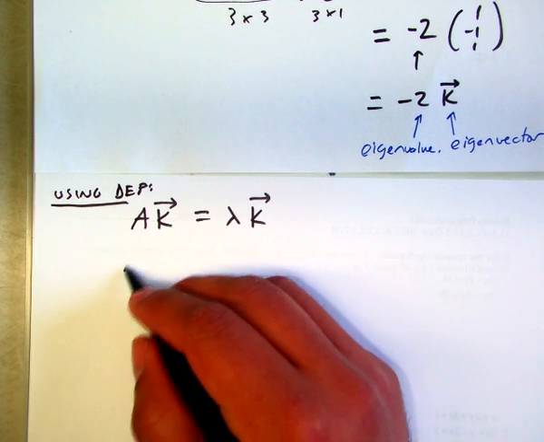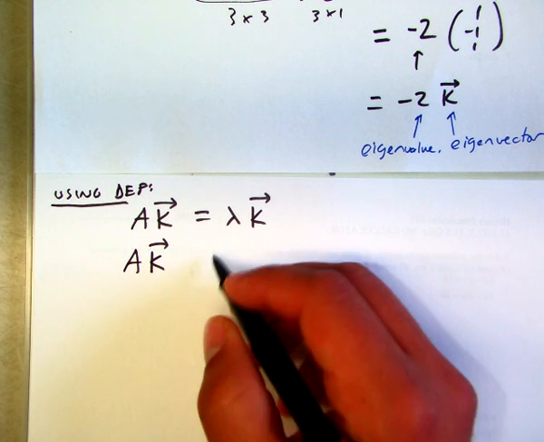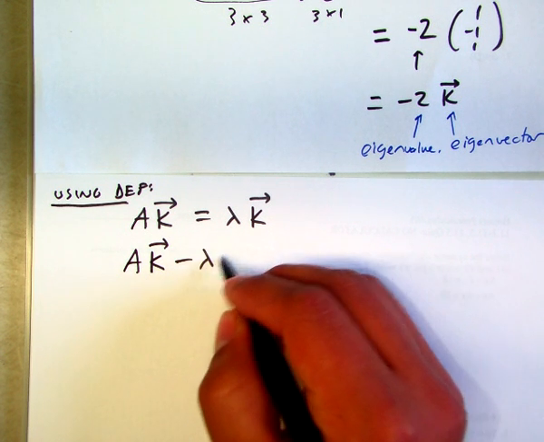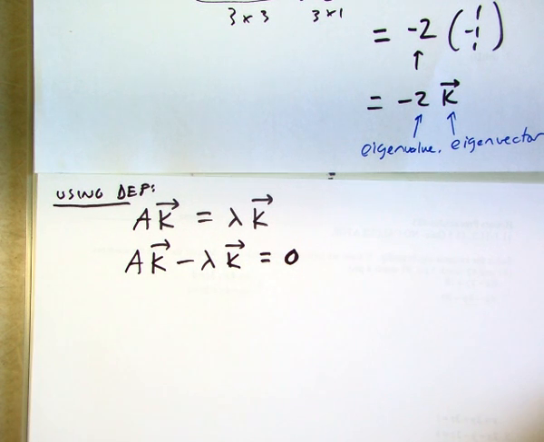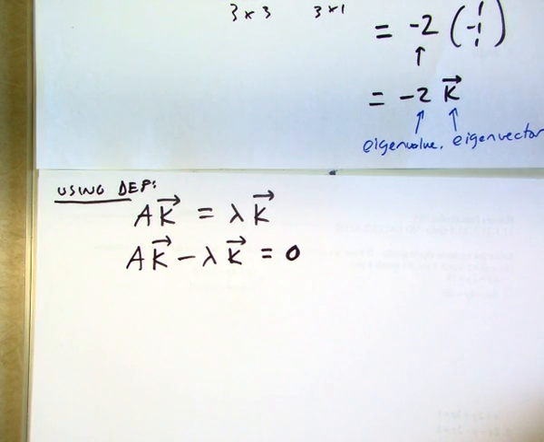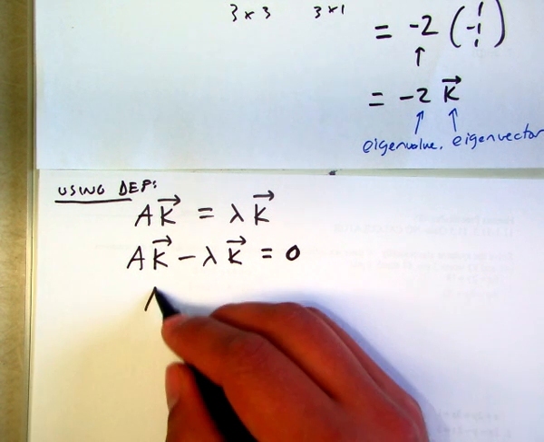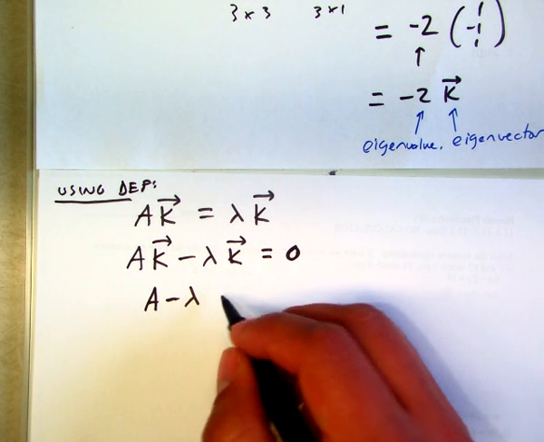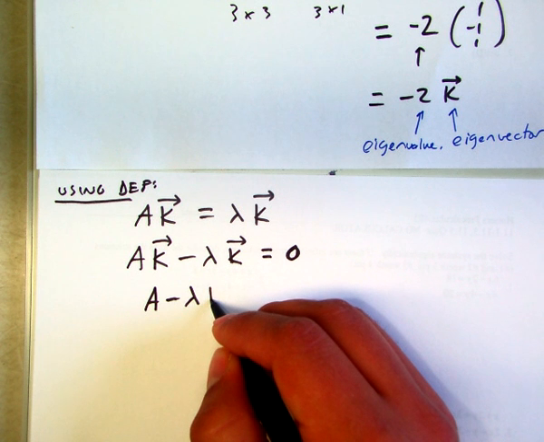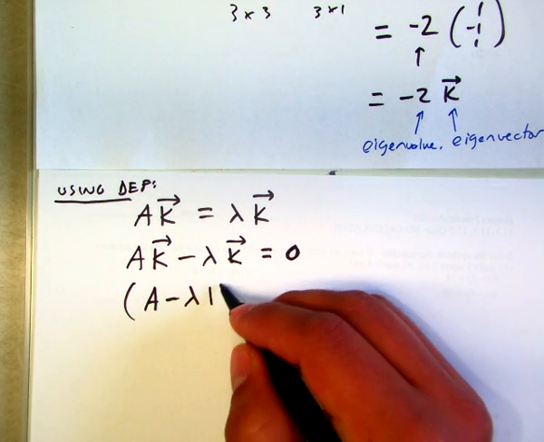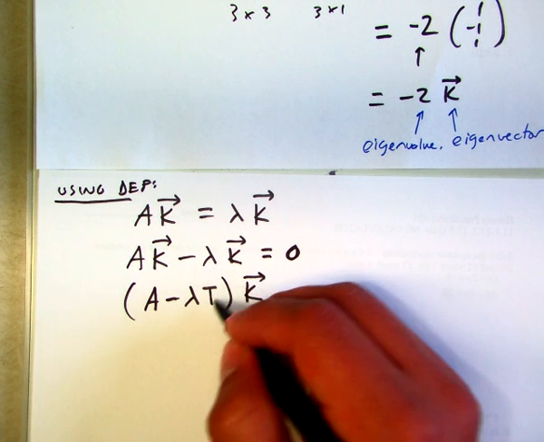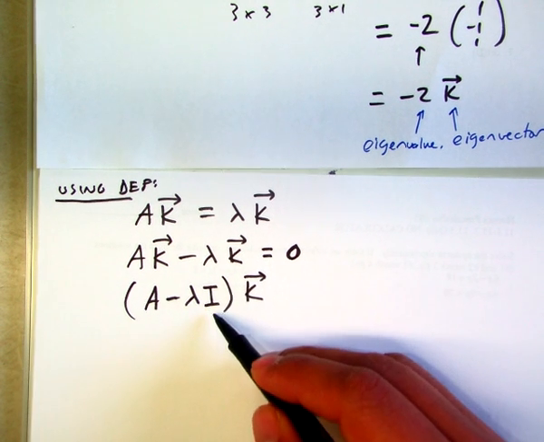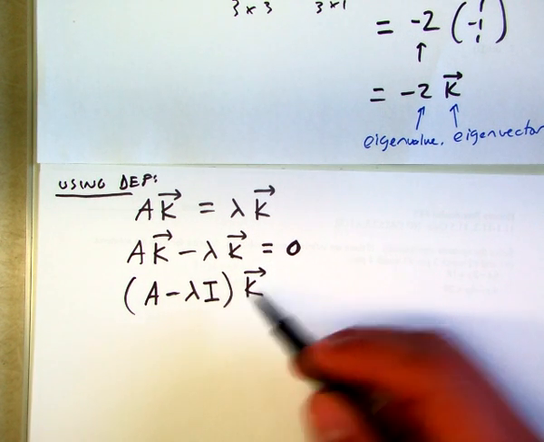If I move this around and set it equal to 0, and then I pull out the K matrix, I'm going to throw in the identity matrix here because that's not going to change things.